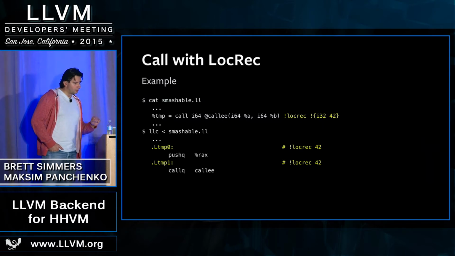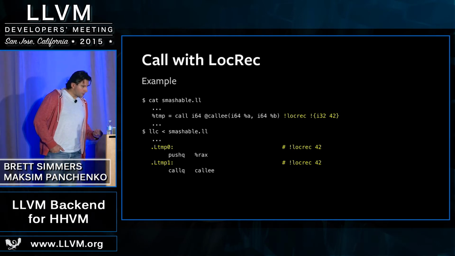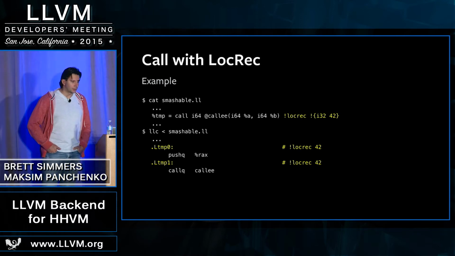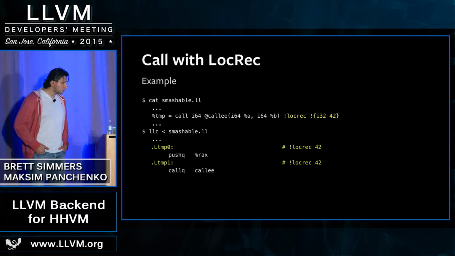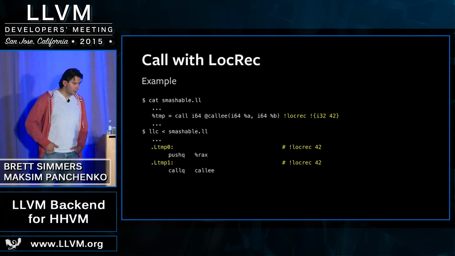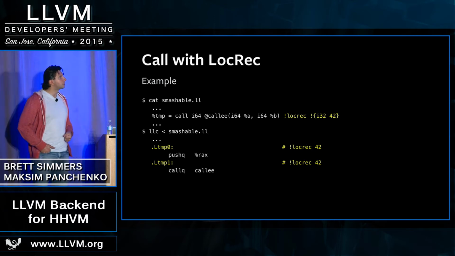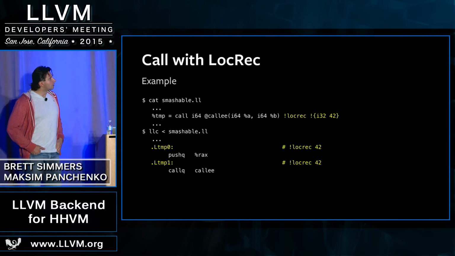Let's see how it works. So we have a simple function call with locrec attached, and once we pass it through the code generator and output assembly, we can see that there are two labels for two instructions, and our assembly printer actually understood the locrec, so it will print them next to the label.